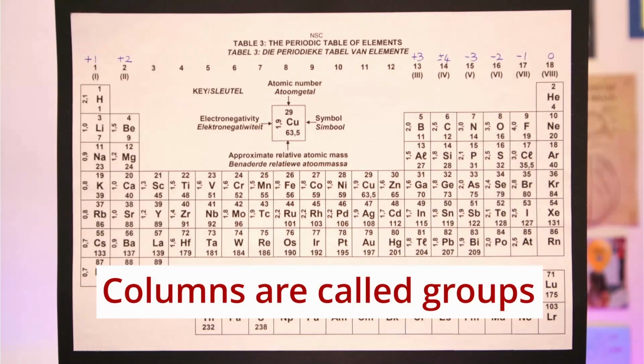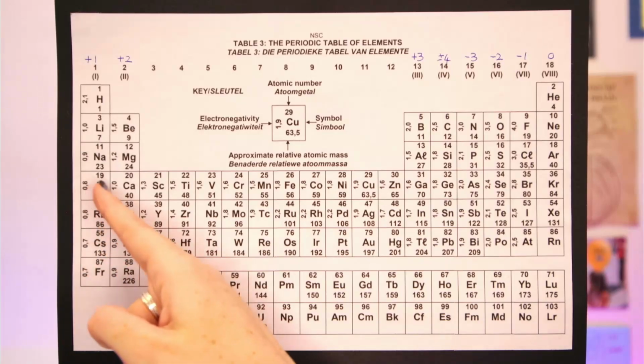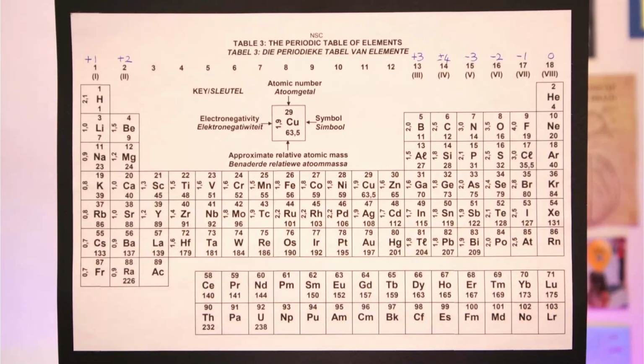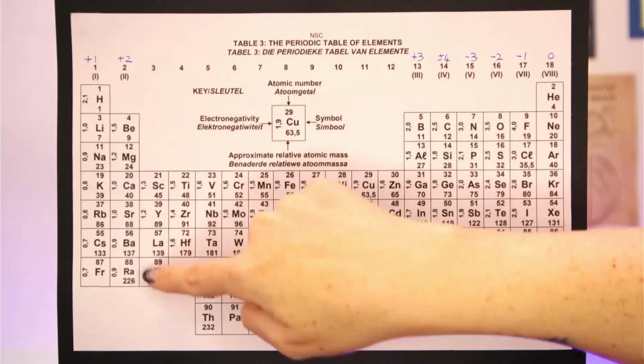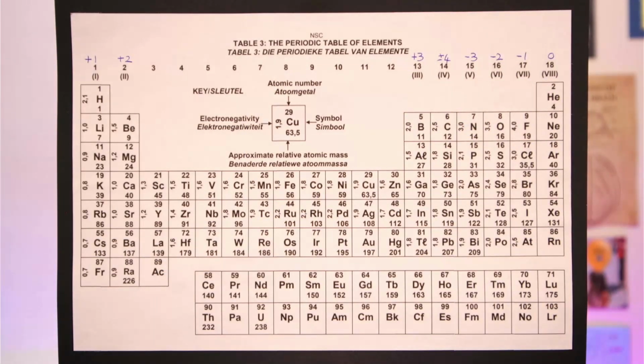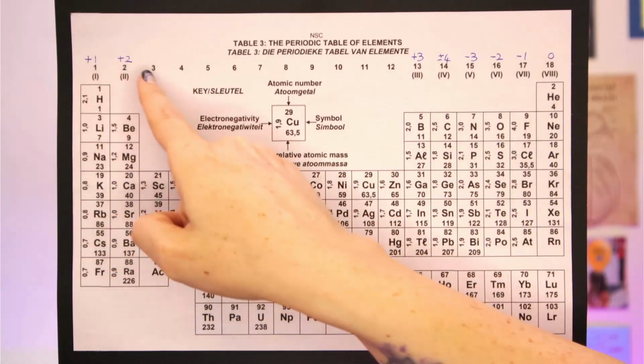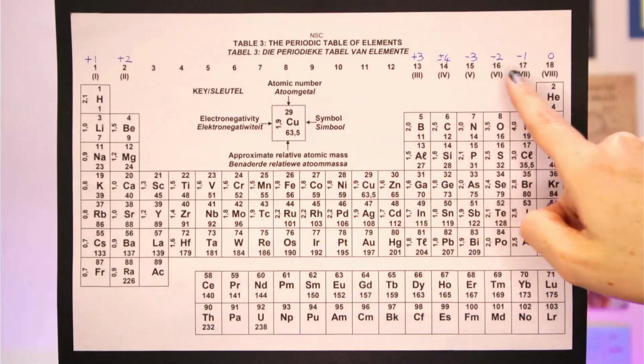So the rows are actually called periods going across, and the columns are called groups and they go vertically downwards like this. Right, now if you were to count all the columns or groups of the periodic table, you will find that there are actually 18 of them. You will see these groups are numbered 1 through to 18 at the top over here.